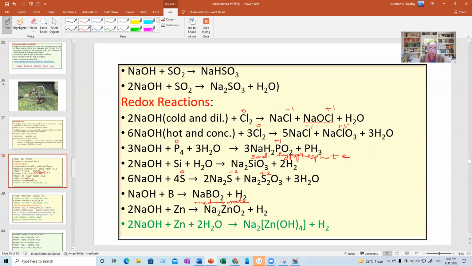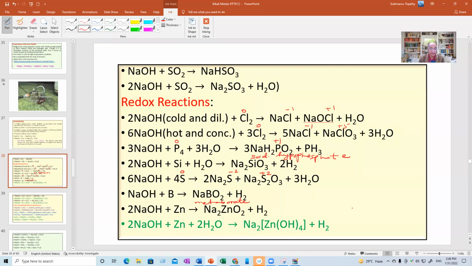They also react with strong bases to give you zincate, metaluminate, and so on. Zincate is Na2ZnO2, but this is a cheating formula. The actual formula is Na2[Zn(OH)4]. So accordingly, you balance it. But for general purpose, you may write this, but from an examination point of view, you must write the correct one.